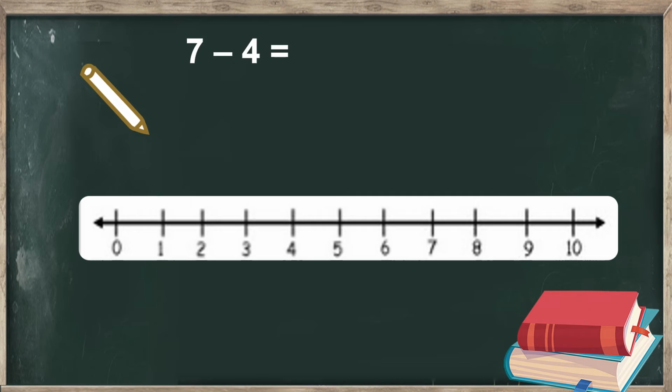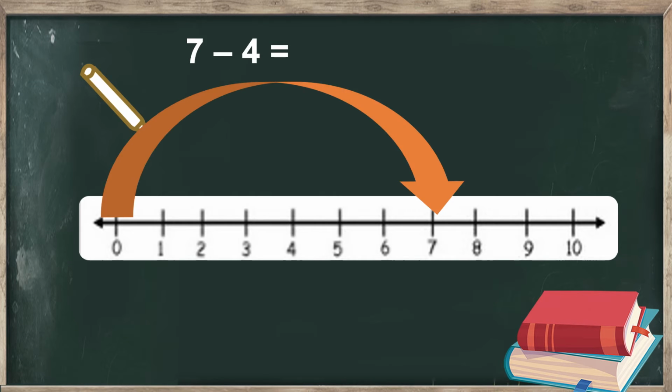Now see the question. First number is 7. So we will move our arrow from 0 to 7. Now from these 7 numbers, minus 4. Subtract 4 numbers, so we will count 4 numbers backward.